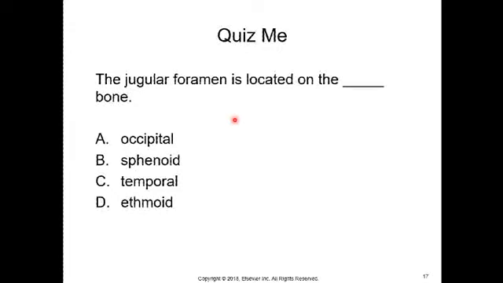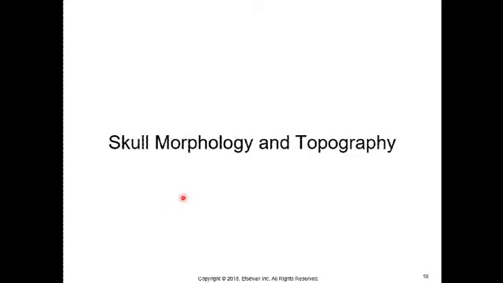Now, there's been lots of contention as to where the jugular foramen is. That's not really going to be on your test, but if you were curious, I would tell you it is on your temporal bone. Can't really see it in anything that I've shown you, so we'll just move on.